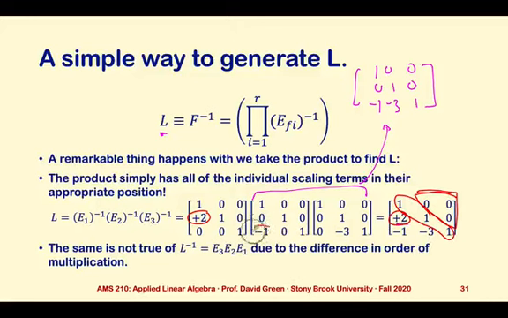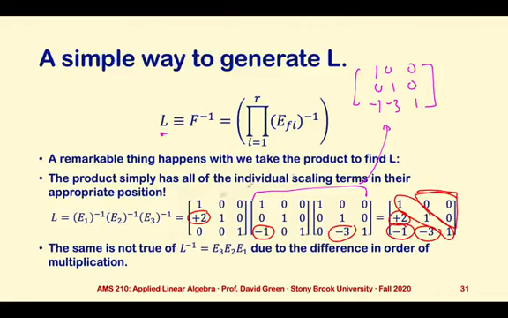We have a negative 1 in the third row, first column. And we have a negative 3 in the third row, second column. We've constructed this matrix simply by taking all of these entries and putting them in the appropriate place in the product.